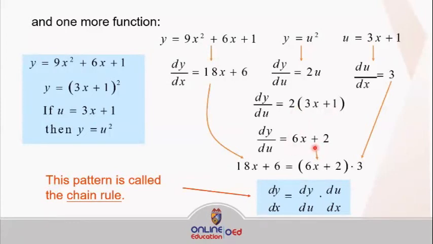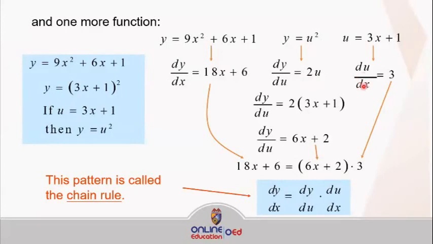And then for this problem, itetest natin if equivalent si dy over dx kay dy over du times the du over dx. So yung value natin for the dy over dx is 18x plus 6. And then for the 2u natin, equivalent lang siya is 6x plus 2.